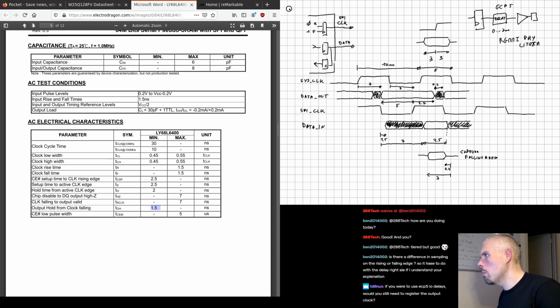If you were to use the SPI, would you still need to register? Yes, you would. Because if you don't use the I/O buffer, if you don't use the I/O registers, you have no clue whatsoever of the kind of delay you'll have between the input of your clock, the internal version of your clock, and the external version of your clock, if you wish. I mean, sure, you can control it, but you have no idea what it is.